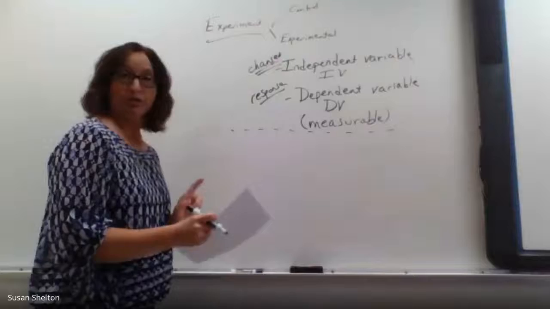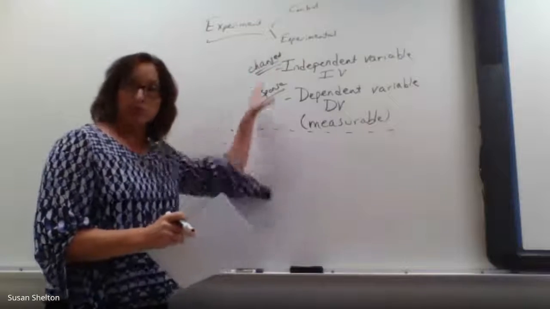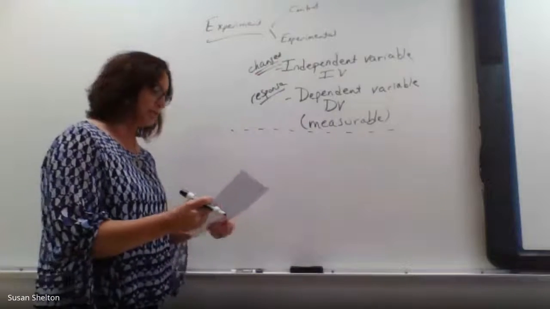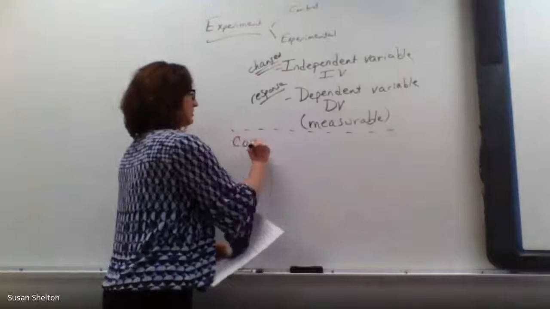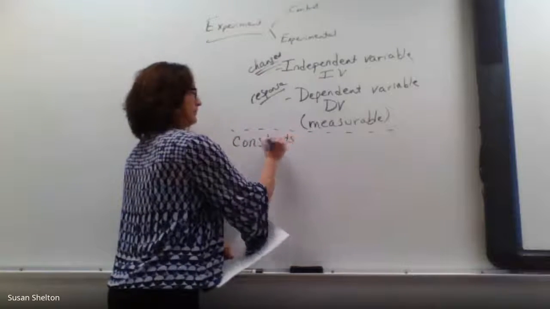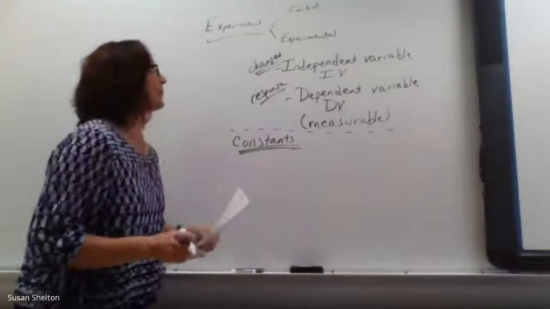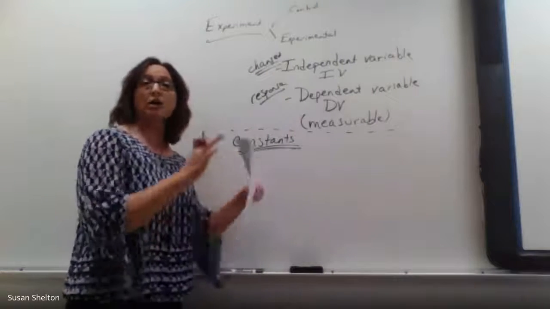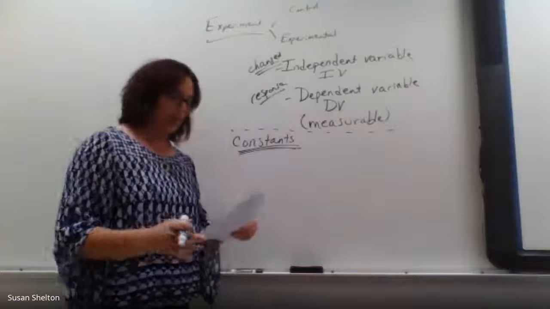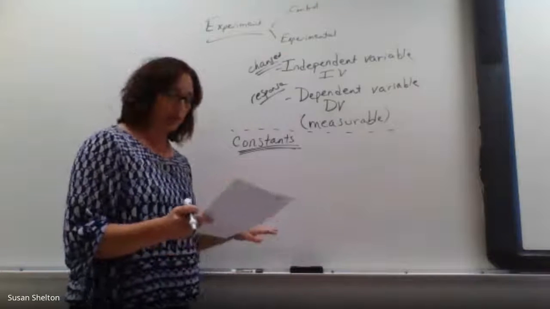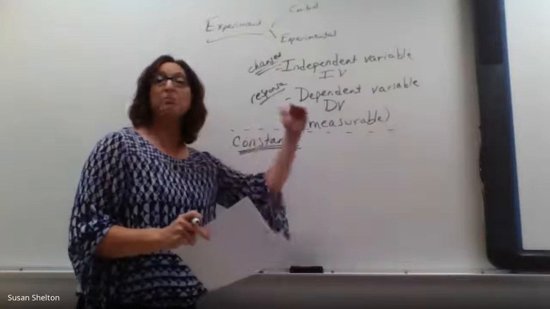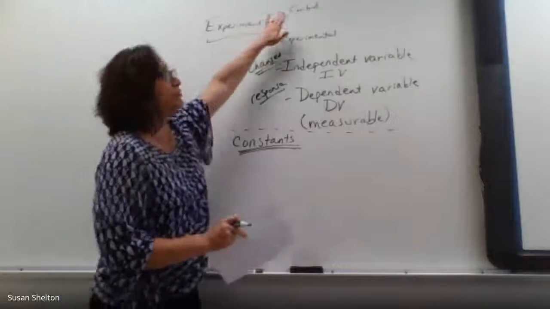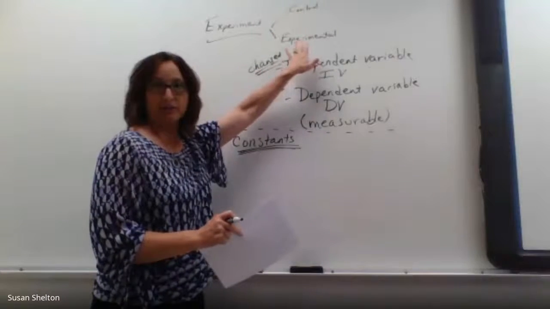Okay, the next word that I want you to know that goes with doing an experiment is the word constants. Constants are variables, okay? They never change, and they're found in both groups. So both groups have constants.